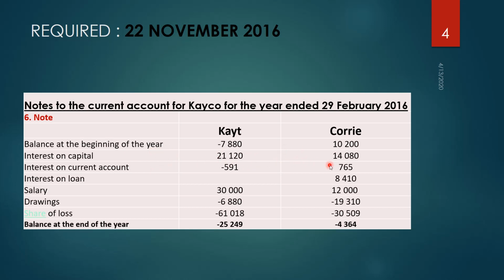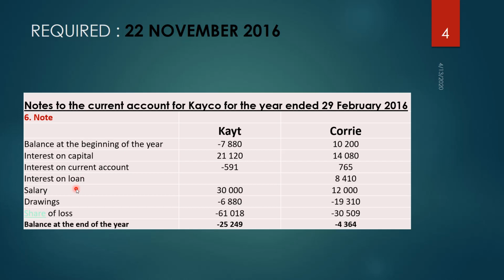We did a calculation of interest on current account, and in a previous presentation specifically relating to the income statement, I did a calculation relating to the interest on loan. Remember, the interest on loan should be taken into account in compiling Corey's note to the current account, because Corey was entitled to the interest on loan.